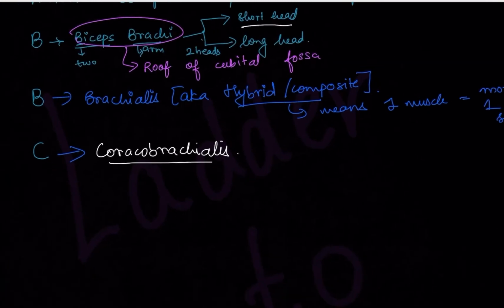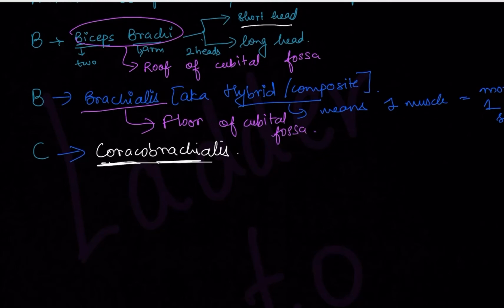It originates from the tip of the coracoid process. When we were doing the scapula, I've already explained this. So coracobrachialis starts from the coracoid process, and brachialis is arm. And for brachialis, you have to remember, if biceps brachii forms the roof, then this forms the floor of the cubital fossa. So brachialis forms the floor of the cubital fossa.